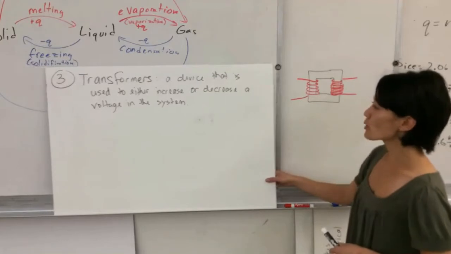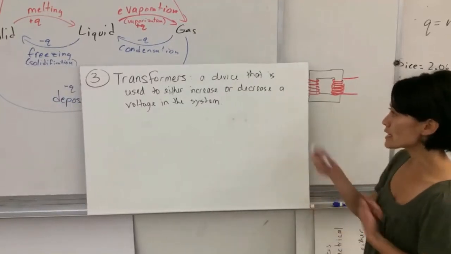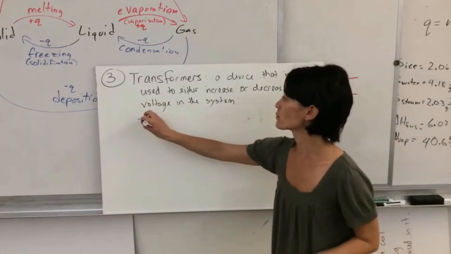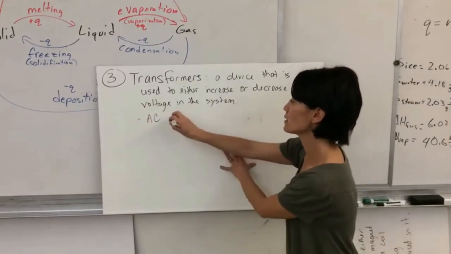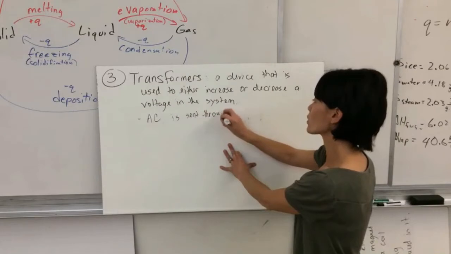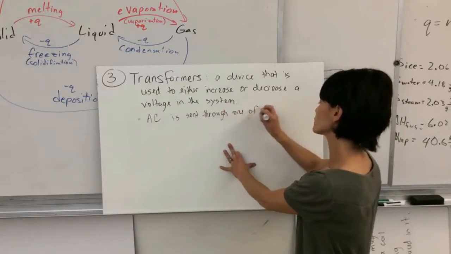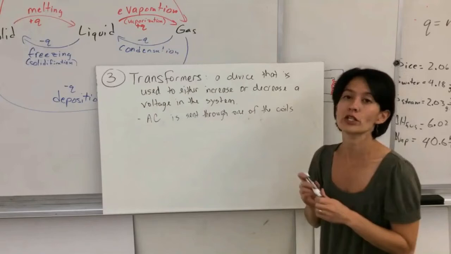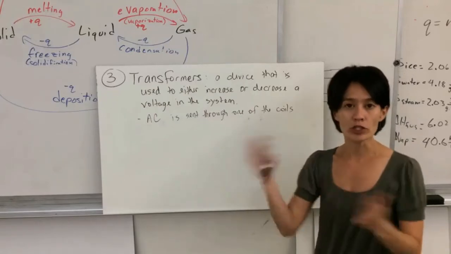So this is the visual of what you have in your head in terms of our transformers. What happens with our transformers is alternating current is sent through one of our coils. Remember, alternating current is current that is continually changing directions.